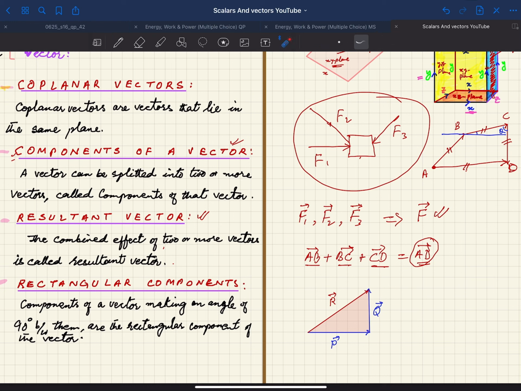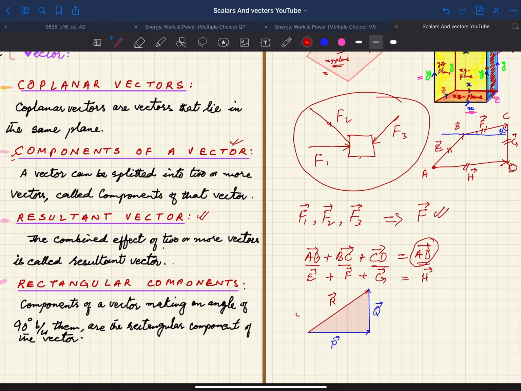But what is the difference between these components and the components over here? Suppose we consider these vectors as E, F, G and here you have H. E, F and G are components of vector H, and vector H is the resultant vector.